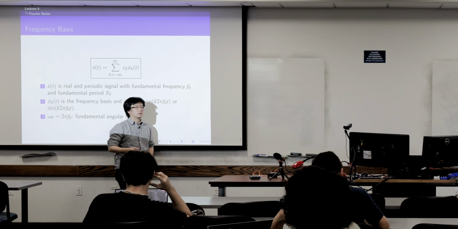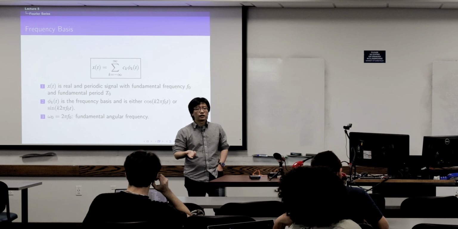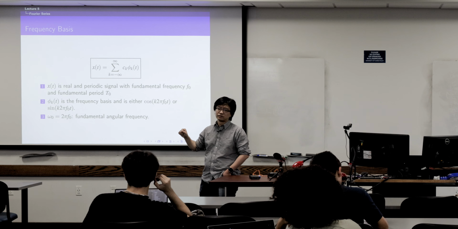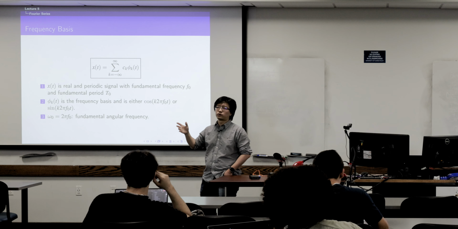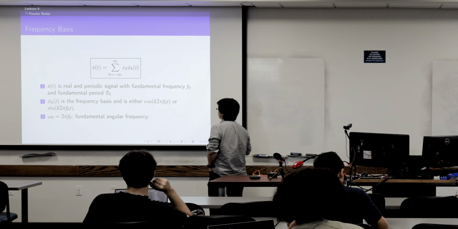So we want to introduce a bunch of phi k and use them to represent periodic signals, hopefully. Of course, we cannot do that for every signal, but for some specific periodic signals.